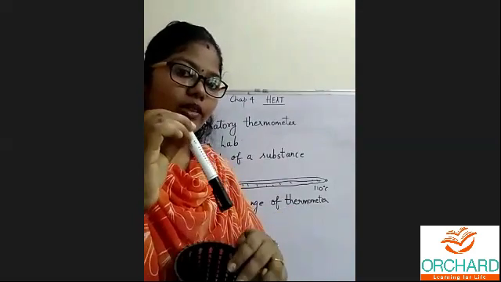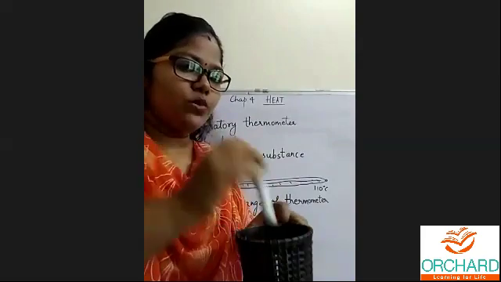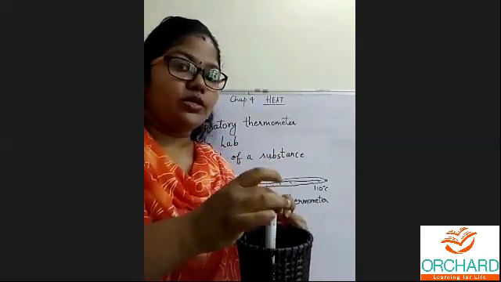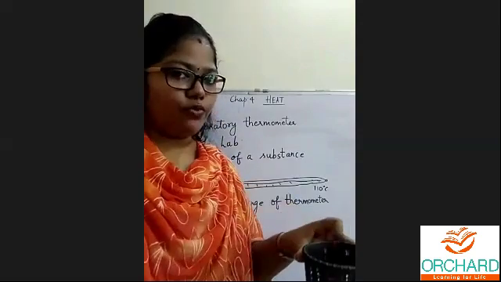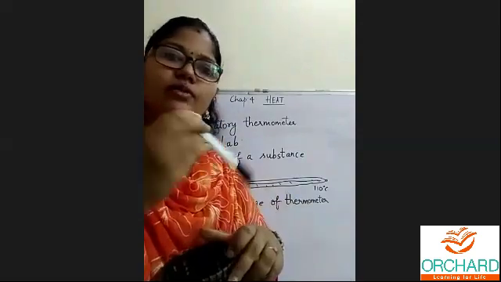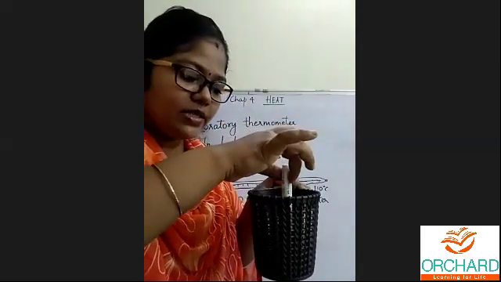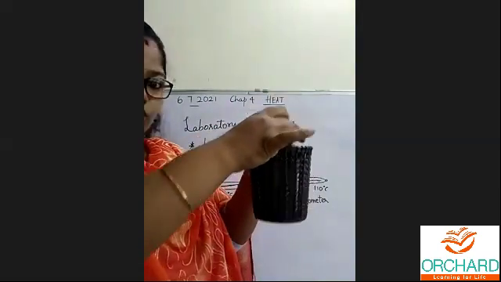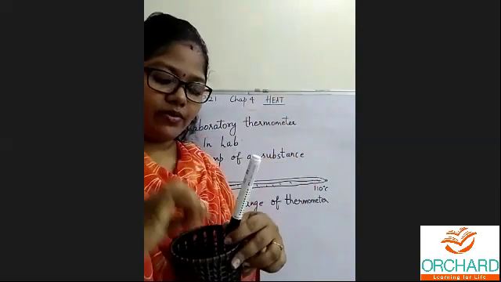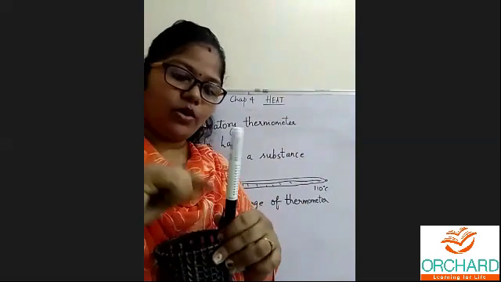The laboratory thermometer will show the reading only when it is put into the solution or put into the substance of which the temperature you want to take. Once you take it out from the substance, it will not show the reading. So when you keep it like this, you have to be very careful and hold it vertically and check the temperature as when you put it into the solution, the mercury level from the glass bulb from the bottom will start rising up.